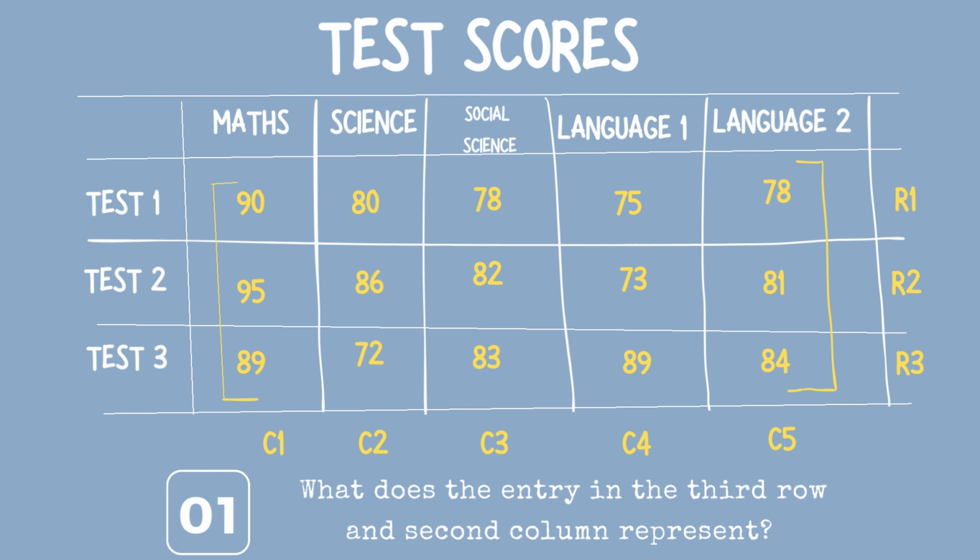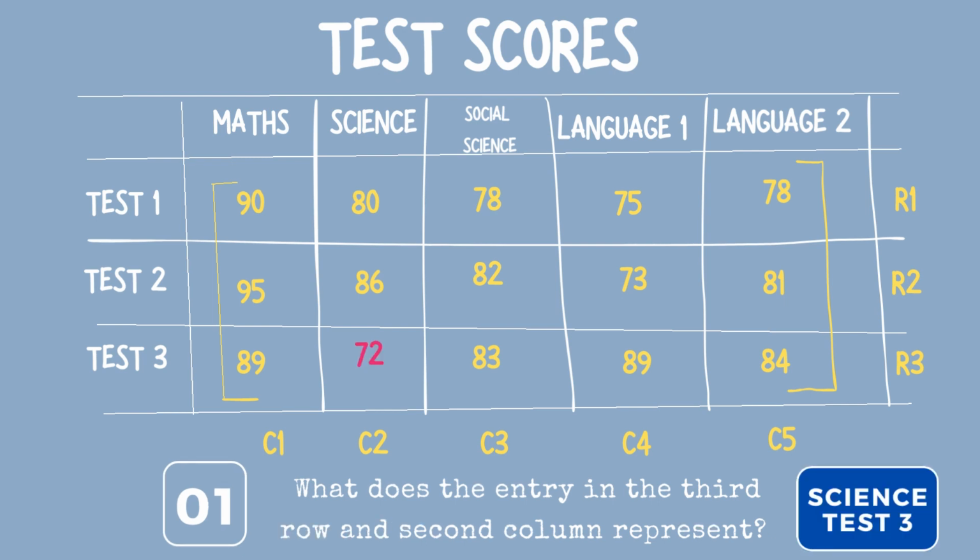Let me give you 5 seconds. Yes, you're right. The entry 72, which is A32, common to the third row and the second column in the matrix, is the right answer. And this represents the mark scored by the student in the subject science in test 3.